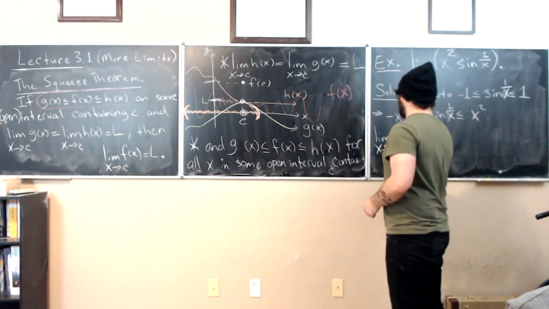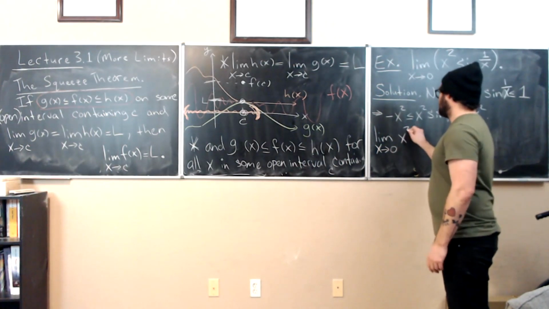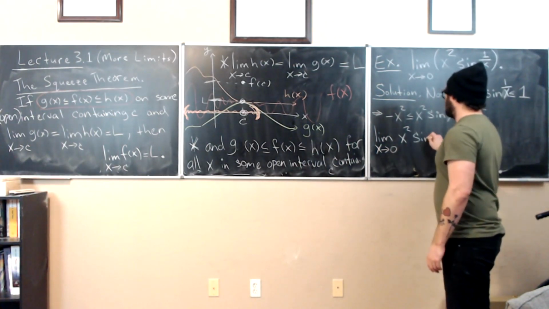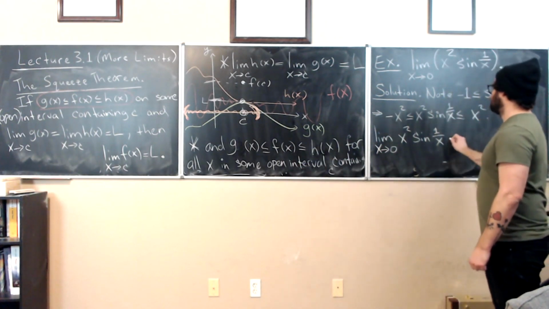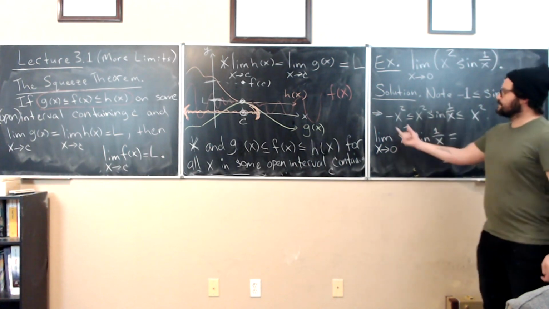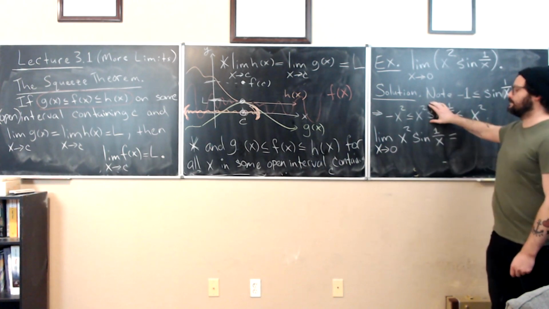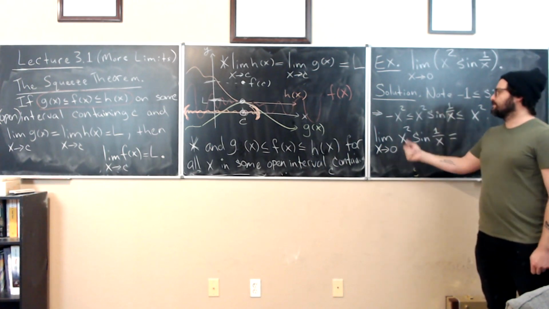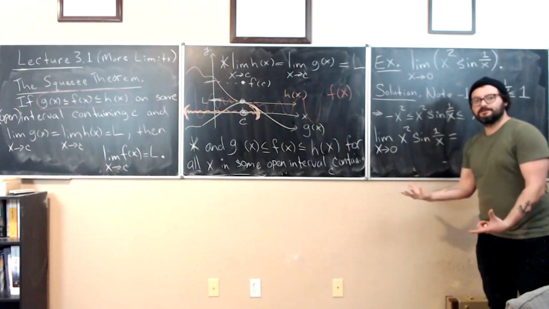The limit as x approaches 0 of x squared times sine of 1 over x, what does it equal? Well, what's the limit on either side of this inequality? The limit as x approaches 0 of this polynomial is 0.